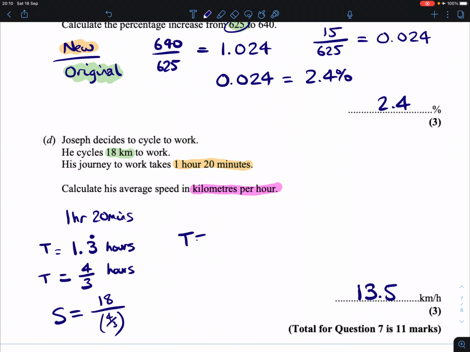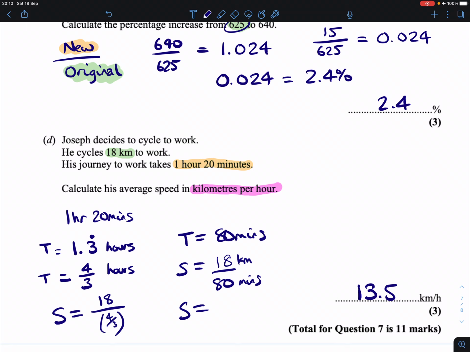If you change this to minutes instead, 1 hour being 60 minutes, so 60 plus 20 gives us 80 minutes. And then go through the motions with the same formula. This time it's 18 divided by 80. The thing you're going to end up with here is not kilometers per hour, because this was kilometers and this was in minutes.